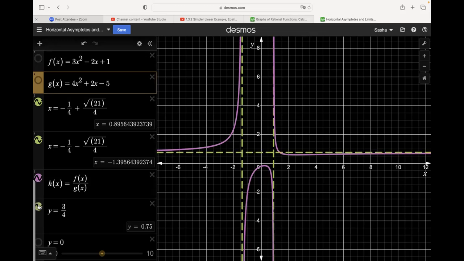And then we've got the horizontal asymptote as well. So we've got vertical asymptotes where the denominator is 0 and the numerator isn't 0. And we've got a horizontal asymptote that's non-zero because the ratio of the leading coefficients is 3/4 and the degree of the numerator and denominator are the same.